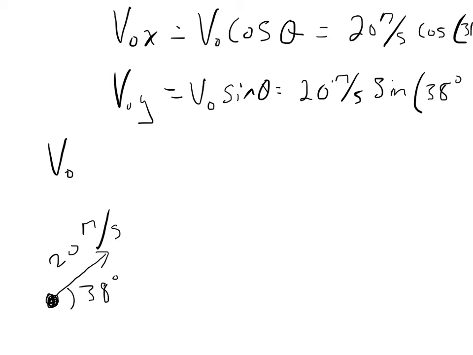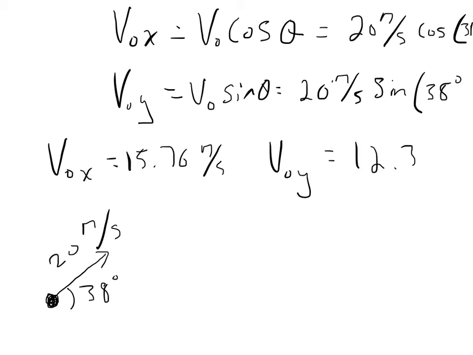So v naught x is equal to and v naught y is equal to. Can somebody tell me what those are? 15.76 meters per second. And v naught y? 12.31 meters per second. Okay.